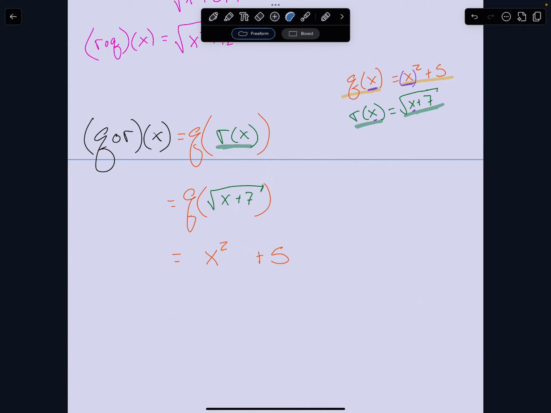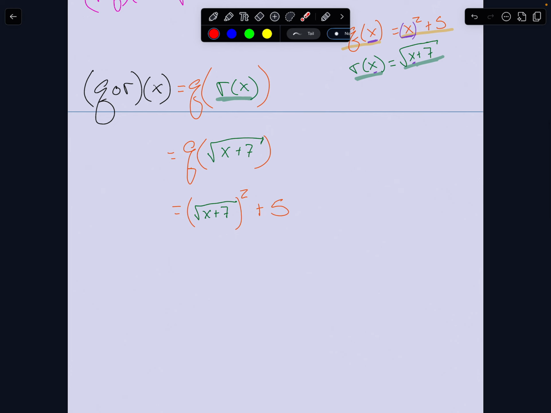So instead, I'm not going to have that x. And instead, what am I putting in there? I'm putting in that square root of x plus 7, right? Again, it's substitution. All of r of x is going in where the variable is in q of x.